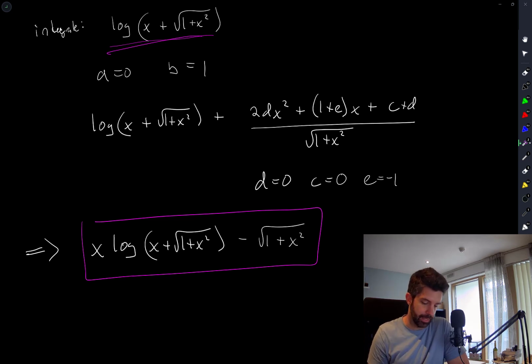And I guess we could check by differentiating this to make sure that you do get that back. I mean, obviously, product rule is going to leave us with this term immediately. But then the derivative of this gives us 1 over that times x, multiplied by the derivative of this, and so on. You can see it's not out of the realm of possibility that you get the correct cancellation.